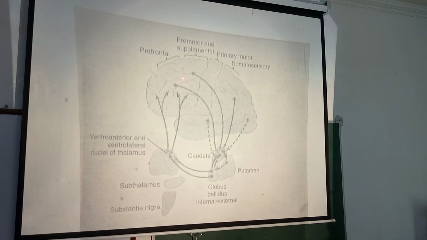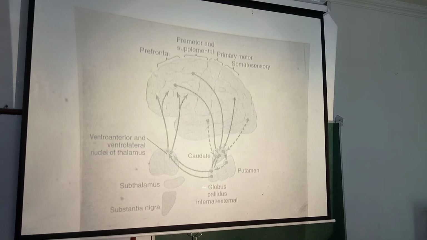So fibers from the prefrontal cortex, premotor and supplementary motor area go to the caudate, from caudate to globus pallidus, and from globus pallidus to the ventro-anterior and ventro-lateral thalamic nuclei. From here they go to the prefrontal cortex or cerebral cortex.